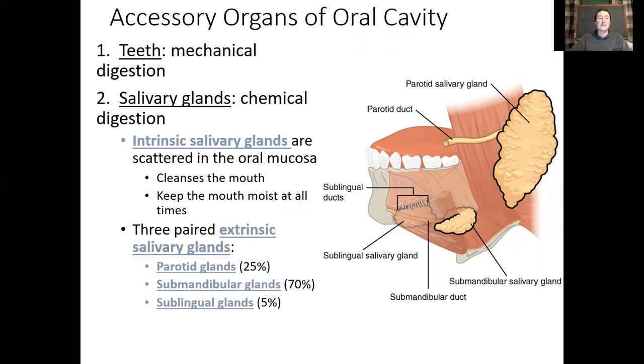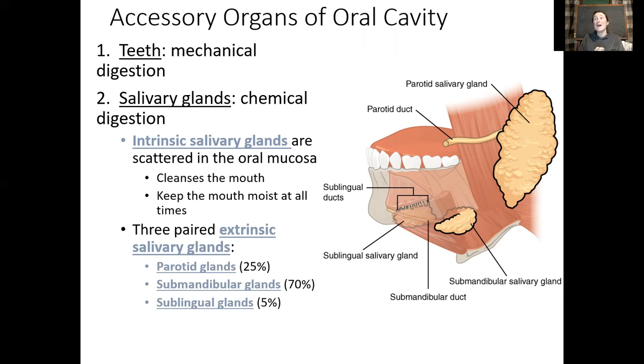Now, there are three different pairs of extrinsic salivary glands. The parotid is essentially right back here by your ear. The submandibular glands are right under your mandible, and sublingual, right under the lingua, the tongue. These are right under your tongue. And so maybe you've experienced this before, but sometimes when you open your mouth, there's a little squirt of saliva that comes out, and that feels like it's coming from underneath your tongue.